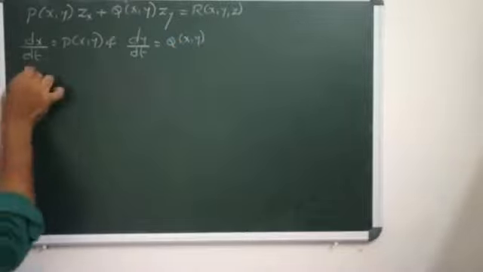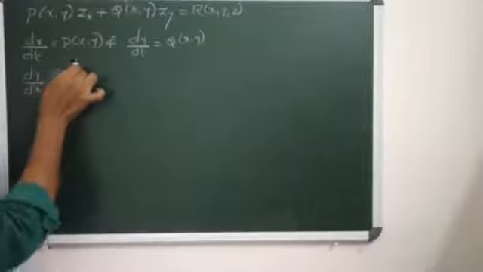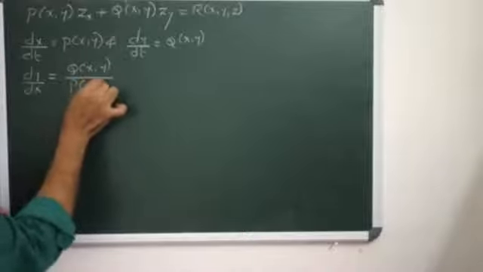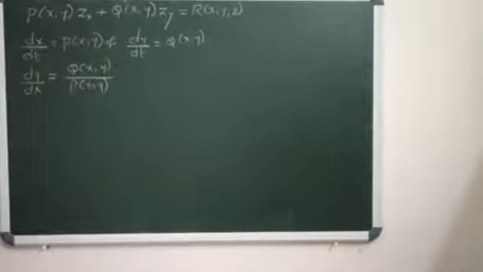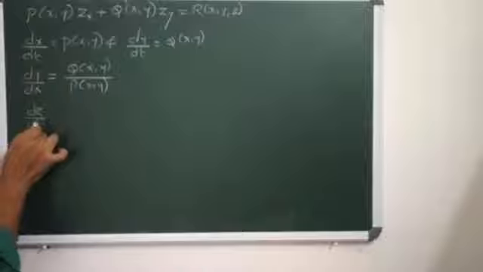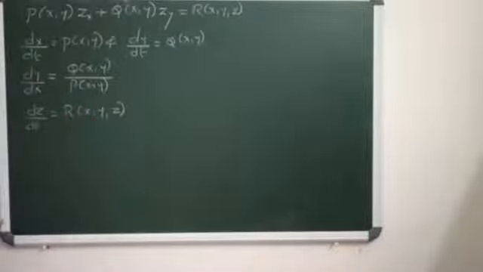By using these two equations, what about dy/dx here? dy/dx is q(x,y)/p(x,y). So this curve has the property that along it, z(x,y) will satisfy the ordinary differential equation dz/dt = r(x,y,z).